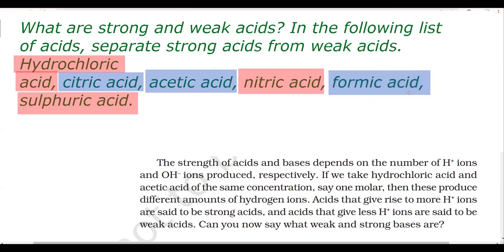But this is not corrosive in nature, and does not give a severe burn. That's why we consider this. So the ones which I have shaded blue are weak acids, and the ones in red, that is hydrochloric acid, sulfuric acid, and nitric acid, are called strong acids. Citric acid, acetic acid, and formic acid are the examples of weak acids.